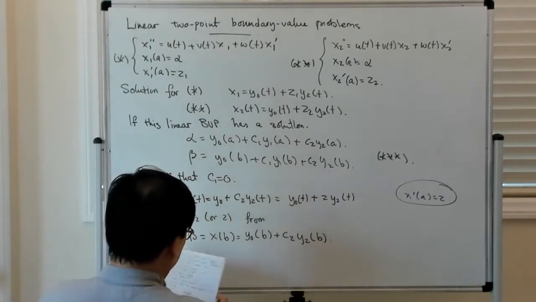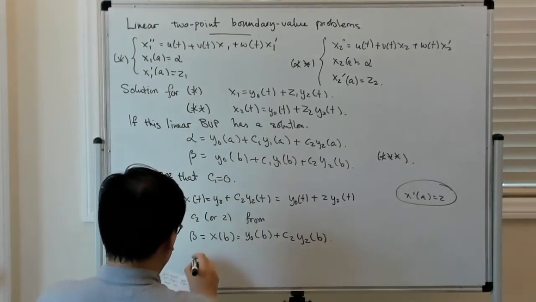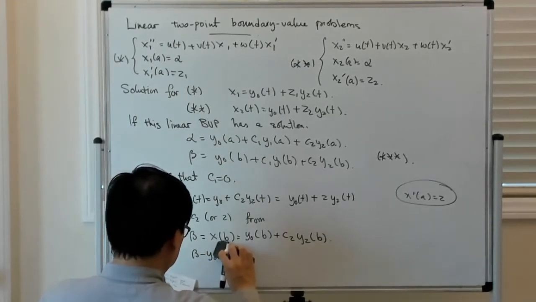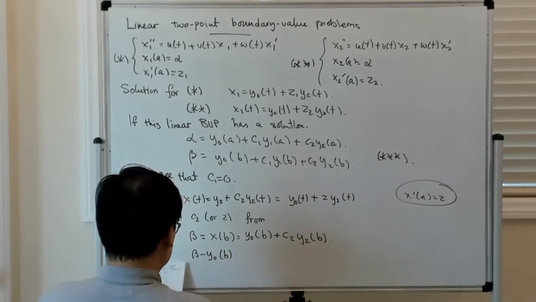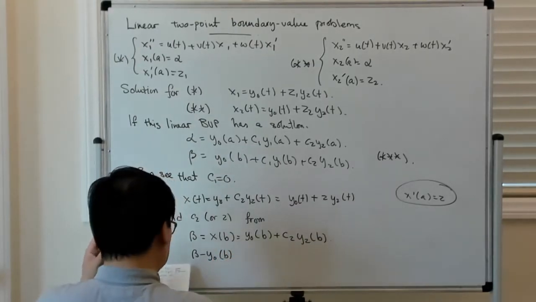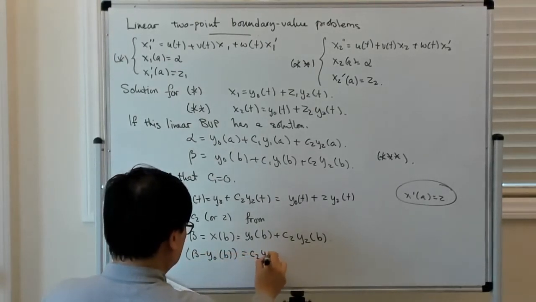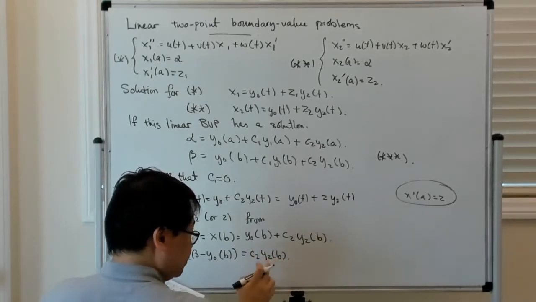Okay. So from that I can figure out what c2 is. So there are two possibilities. I have beta minus y0 at b is equal to c2 y2 at b. To solve for c2, there are two possibilities, but in particular it has to do with whether y2 at b is equal to 0.